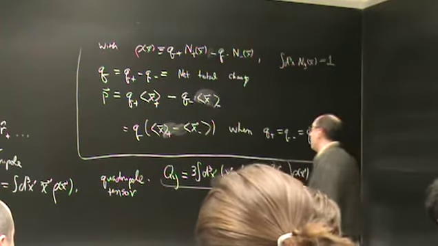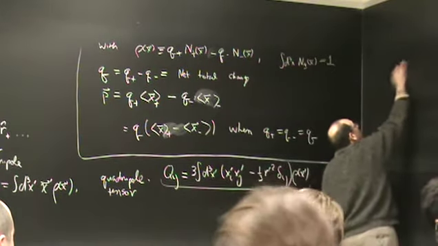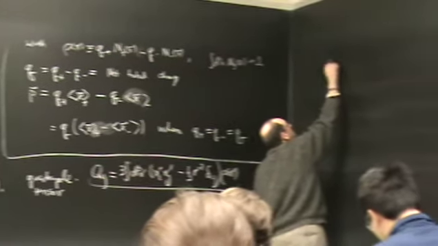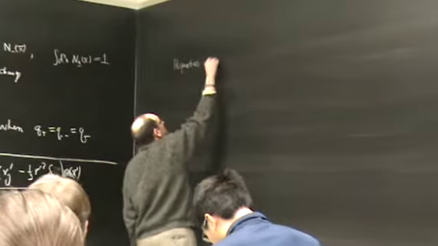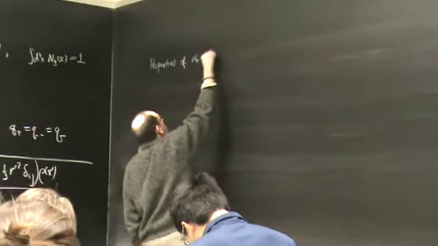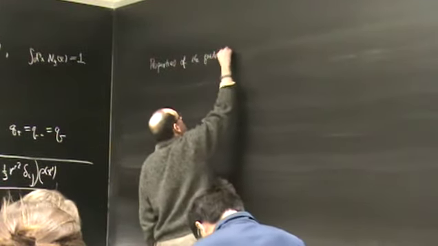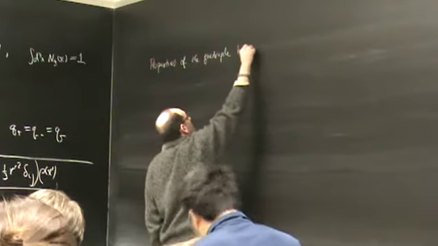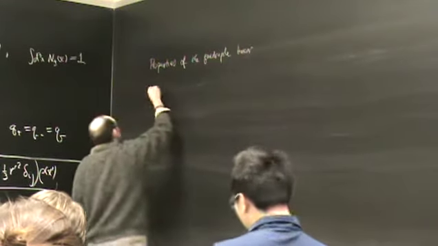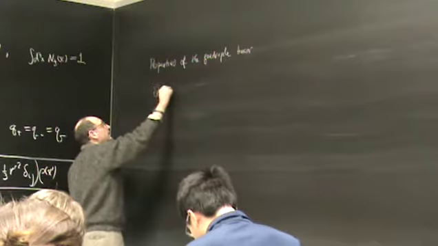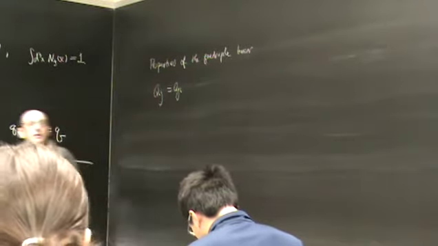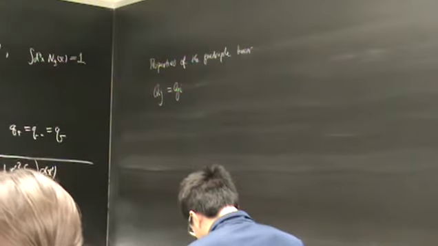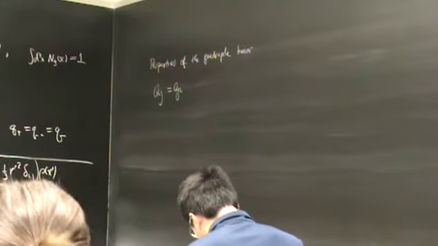A few properties of the quadrupole tensor. Firstly, it's a symmetric tensor. That is to say, if I switch the i and j indices, this is the same thing, right?